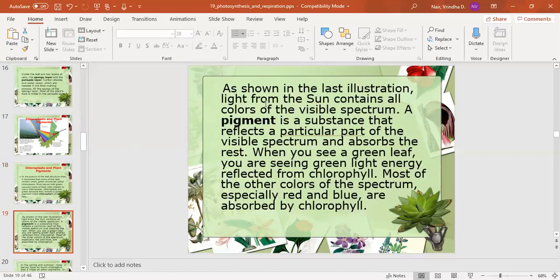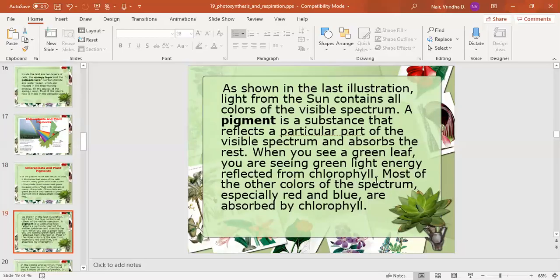As shown in the last illustration, light from the sun contains all colors of the visible spectrum. A pigment is a substance that reflects a particular part of the visible spectrum and absorbs the rest. When you see a green leaf, you are seeing green light energy reflected from the chlorophyll. So we learned this, right?